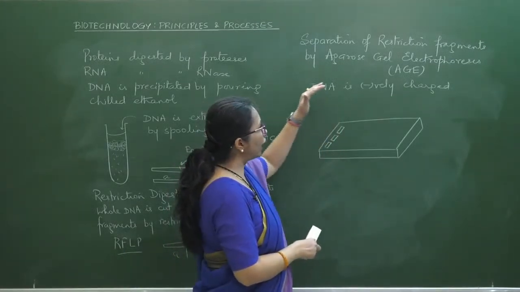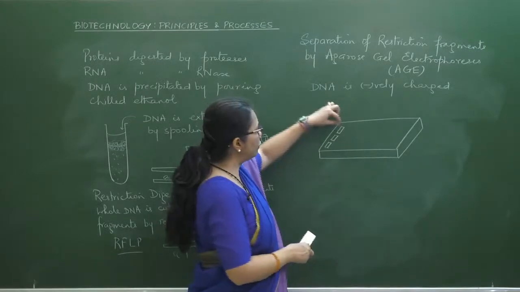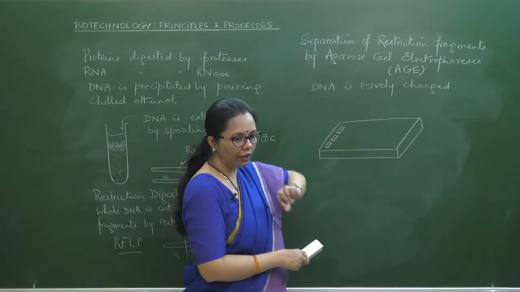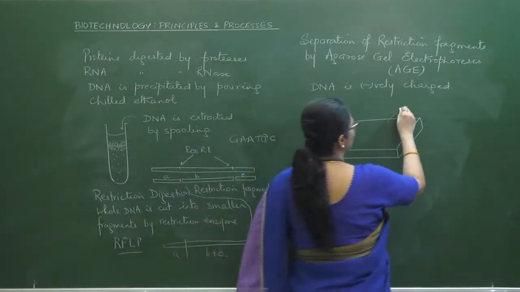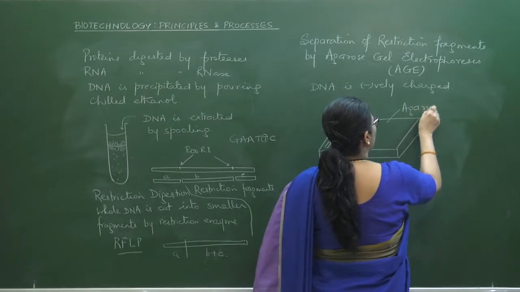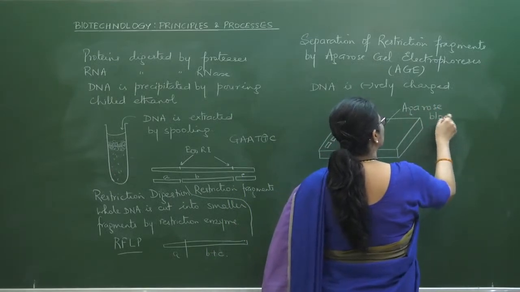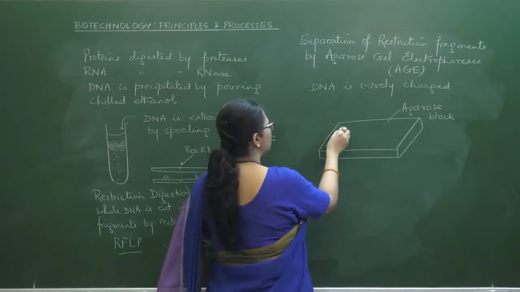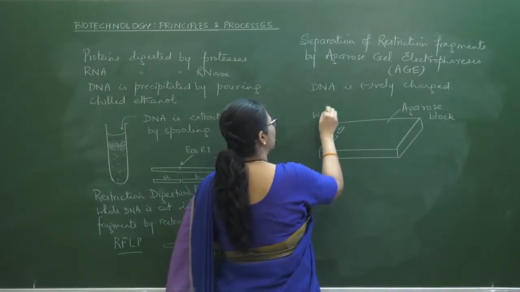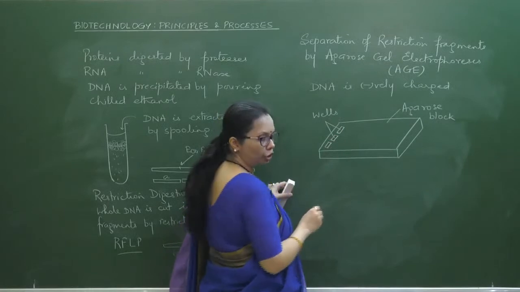So the DNA that we have to move around, we will be loading in these wells. Now this entire agarose block will be put in a buffer solution. So you see, this is the agarose block, which is a thick gel-like substance, and these are the wells in which DNA is loaded.